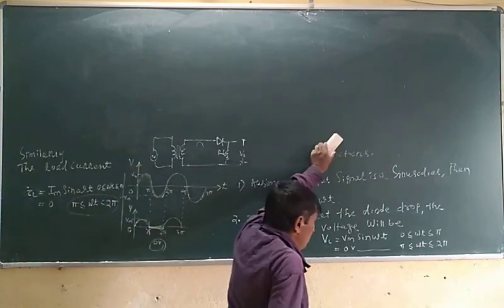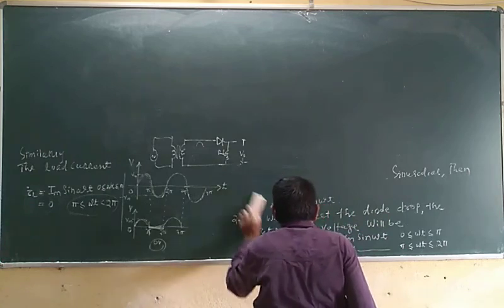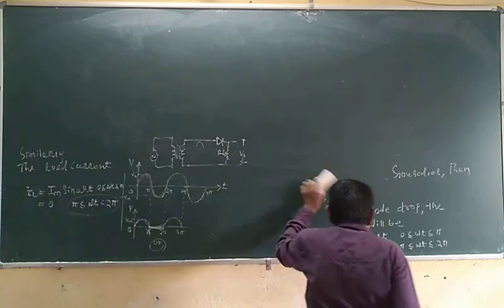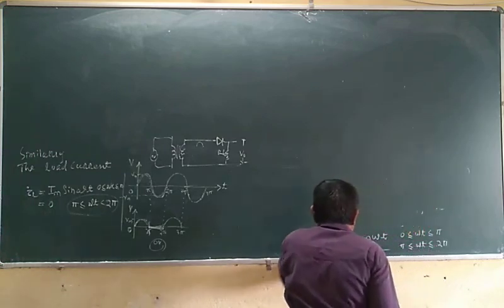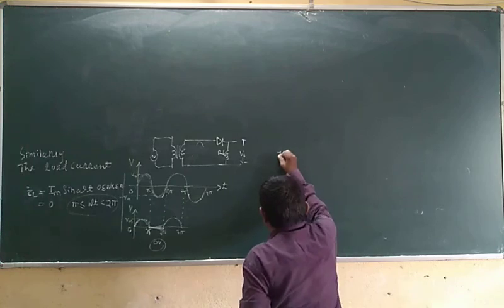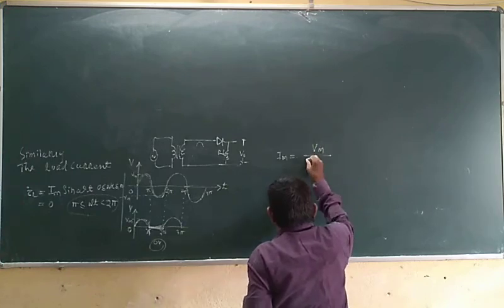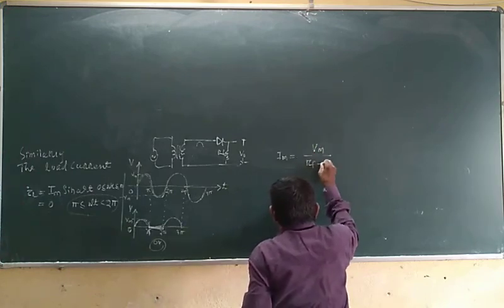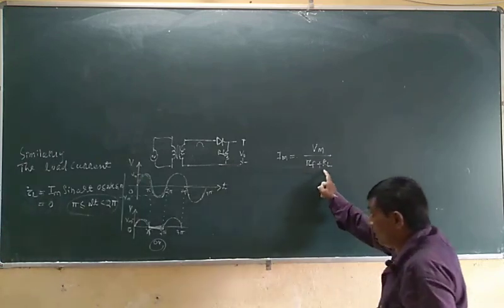Where Im equal to Vm by Rf plus RL. What are Rf and RL?